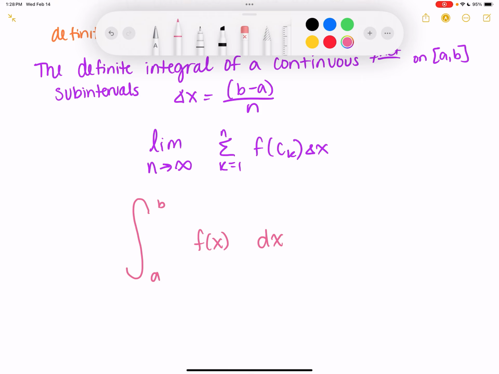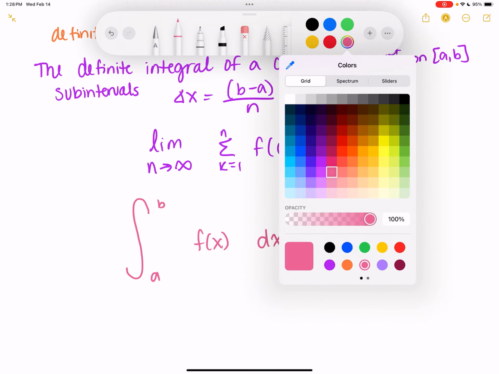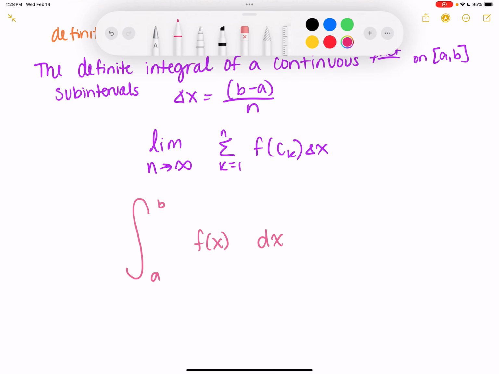What does this symbol represent? It's an integral. I'm getting ready to label everything, so it'll make a little more sense. Let's use hot pink to label it. So, simplest thing: this fancy S is just the integral sign.